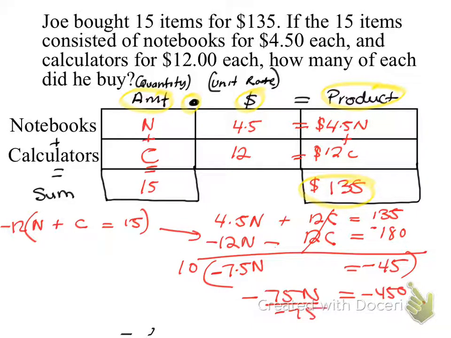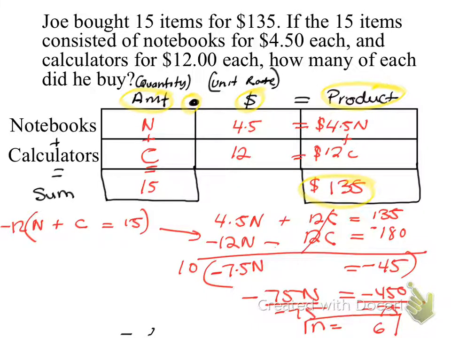Divide by negative 75, divide by negative 75, and n is equal to, 75 goes into this. I think it's 6. N equals 6.